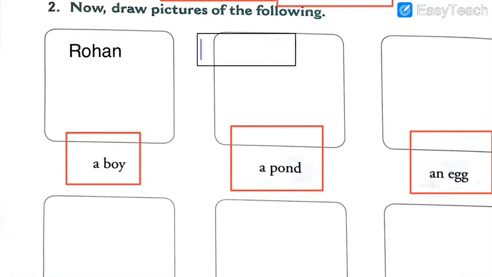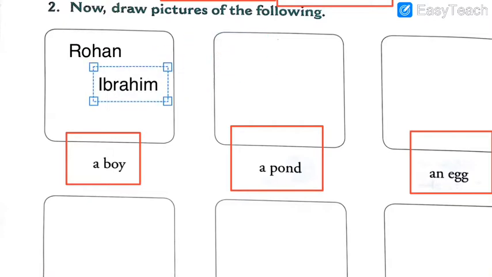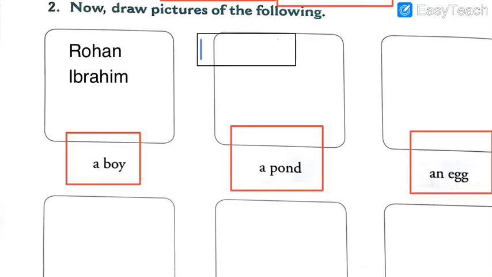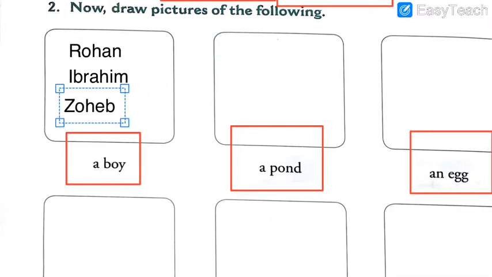Now if I write I-B-R-A-H-I-M, Ibrahim. Ibrahim is also a boy. Now if I write Z-O-H-E-B, Zoheb. Zoheb is also a boy. In short, a boy is not a particular name. It is used for all the boys. That is why a boy is a common noun.